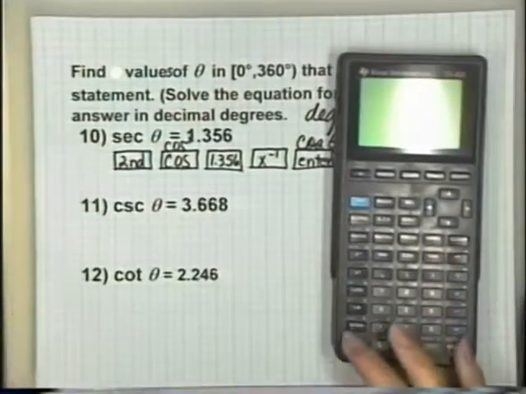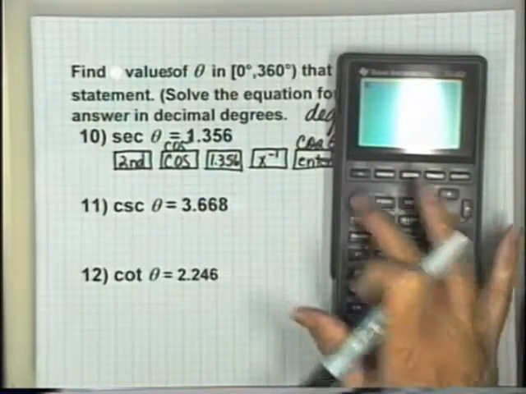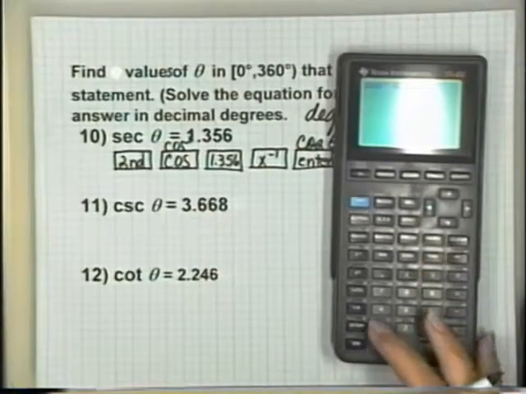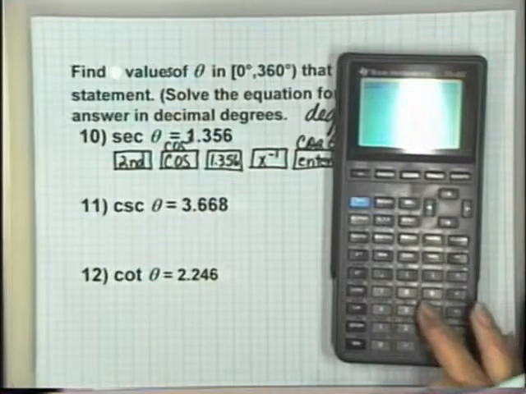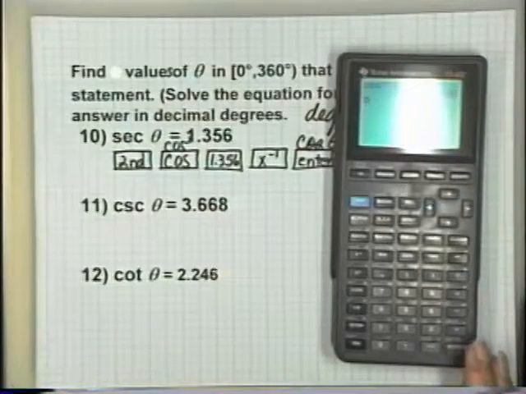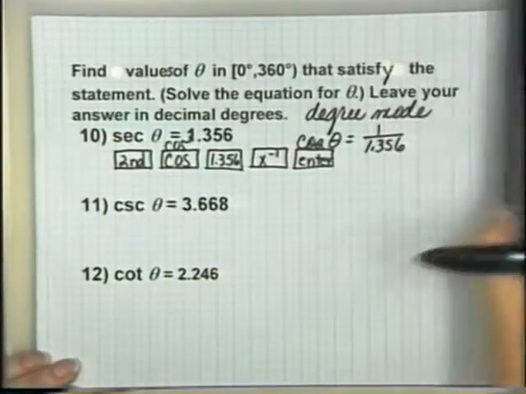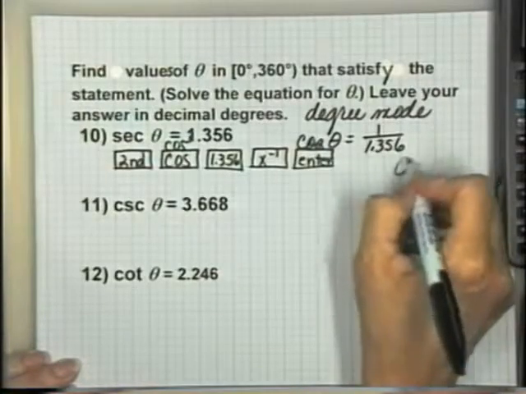Let's try that. So let's do second function cosine, 1.356 reciprocal, and then enter. And rounding, we get that theta equals 42.5 degrees.